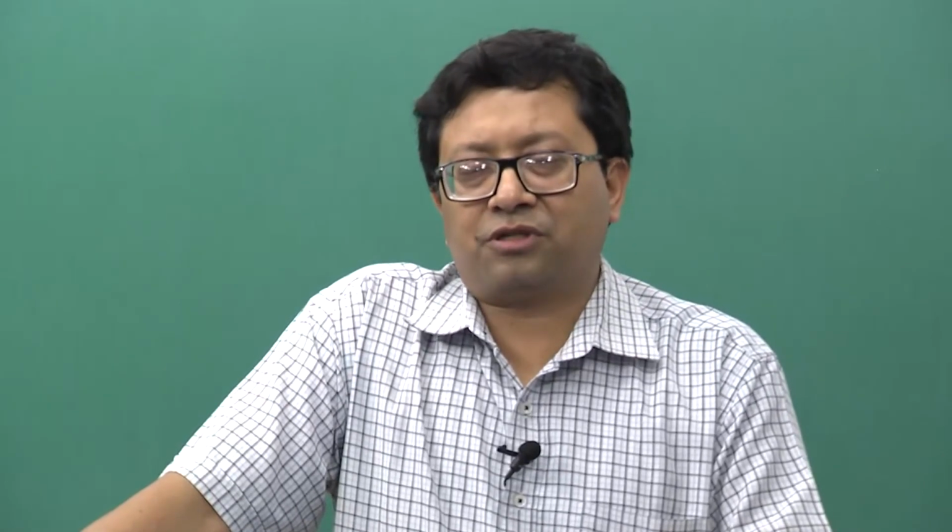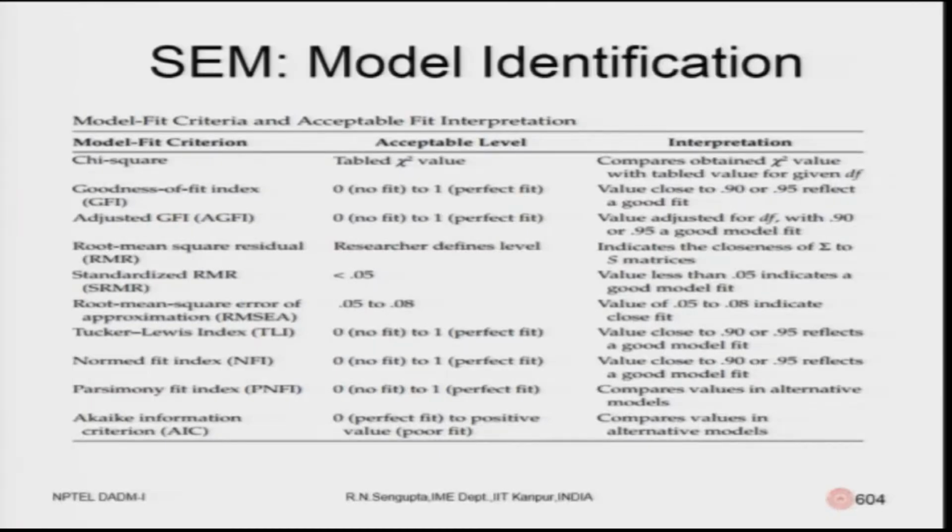That means you are trying to compare the difference in dispersion, the difference in variability, and the closer the values are, the better the fit. We consider the root mean square value, which will tell me how good or bad the fit of the overall sample covariance is with respect to the population covariance matrix. They will be matrices depending on the number of variables which you have.